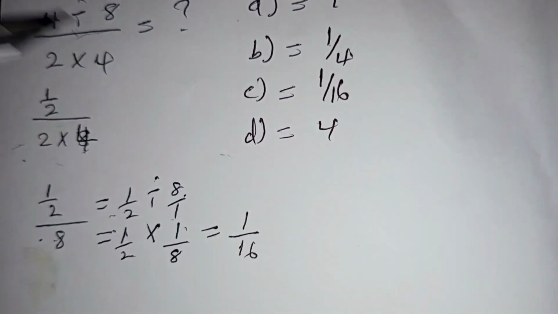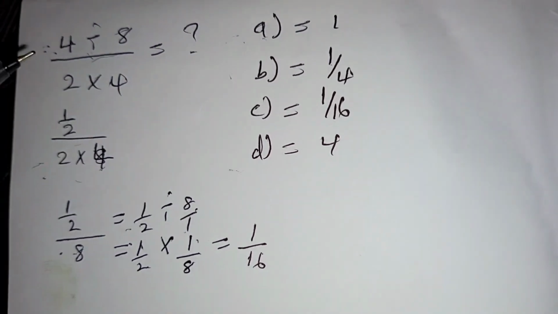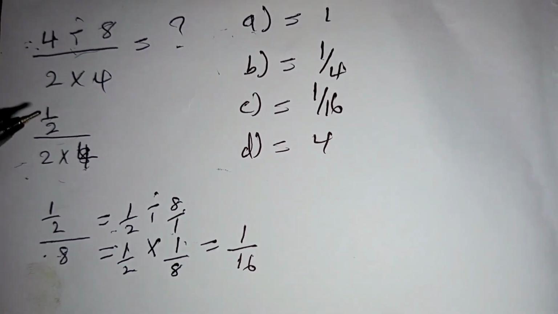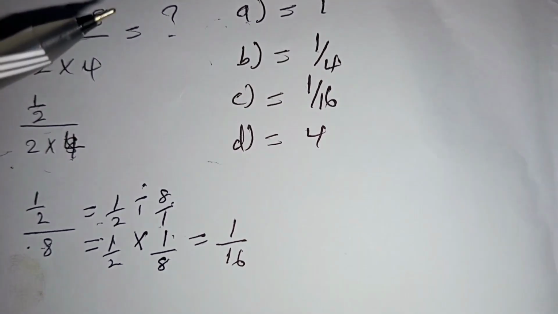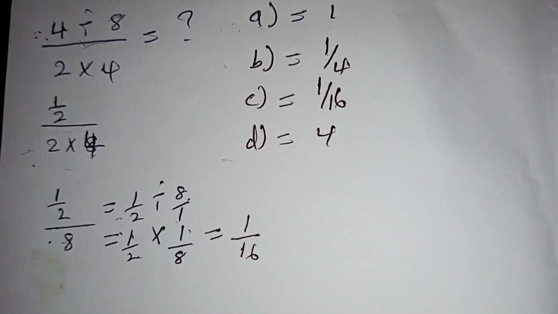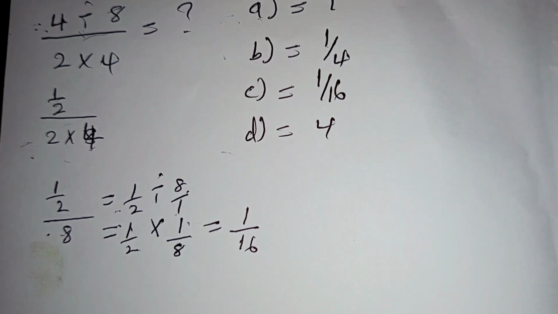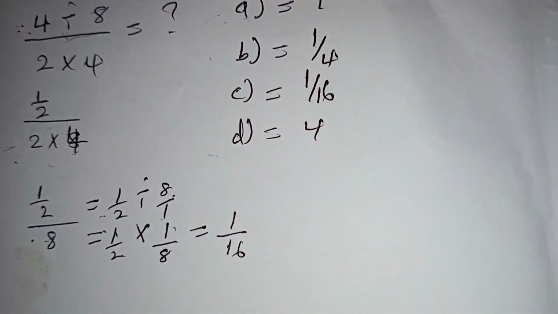So from the given possible solutions, we see that 1 cannot be the answer, although it was given there as a distractor. B, which is a quarter, is also not part of our solution, and even 4 is not part of our solution.